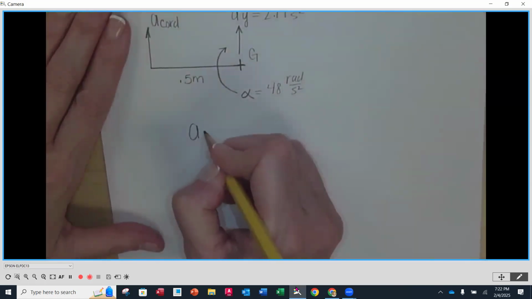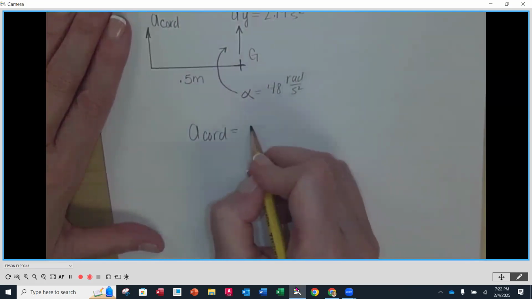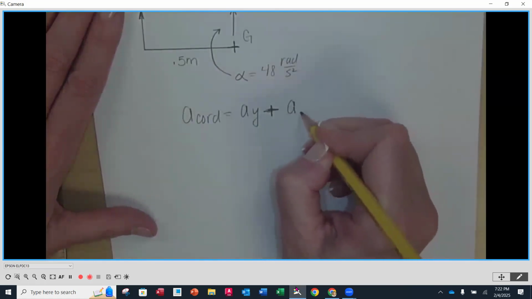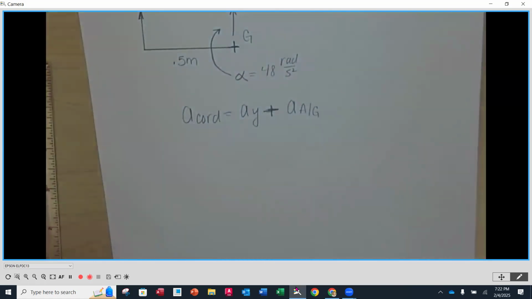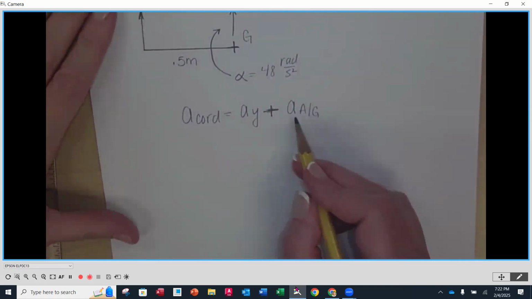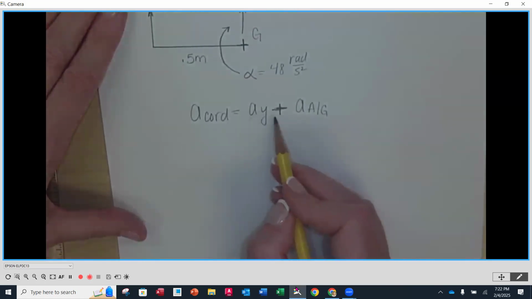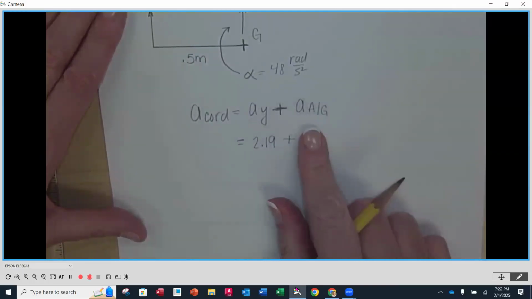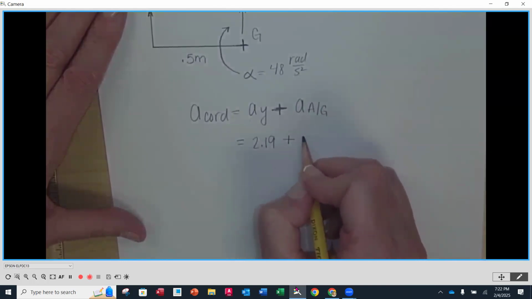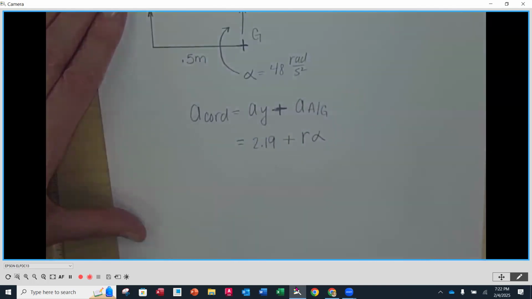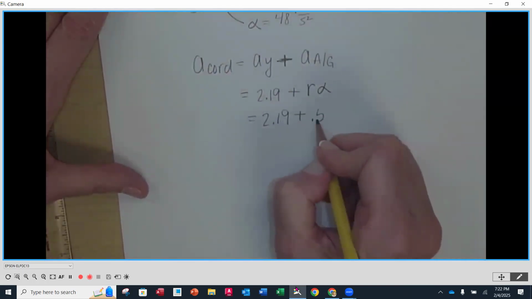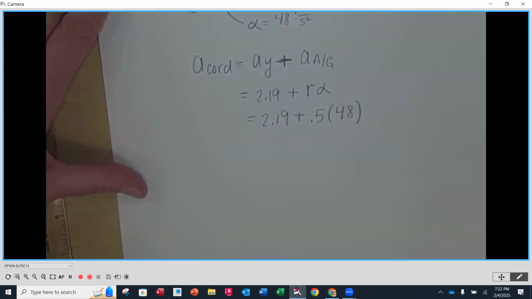Now the acceleration of the chord is going to be equal to the acceleration in the y plus the acceleration of A in relationship to G. Now, this is like a tangential component out here, like we saw earlier. So we know that a sub y is 2.19, and this is going to be the radius times alpha. So that would be equal to 2.19 plus 0.5 times 48.